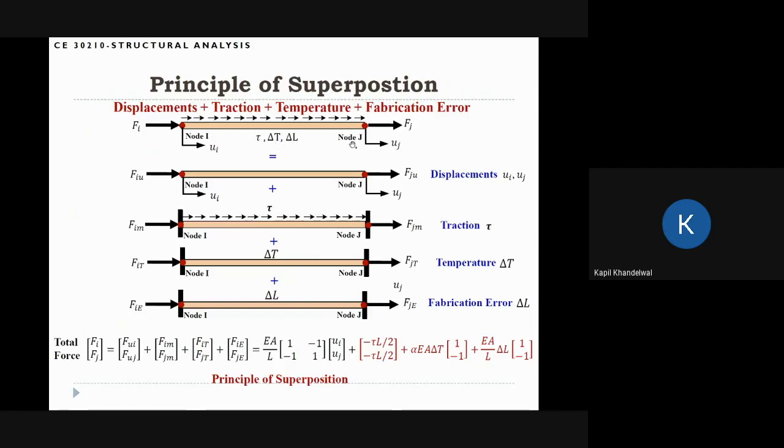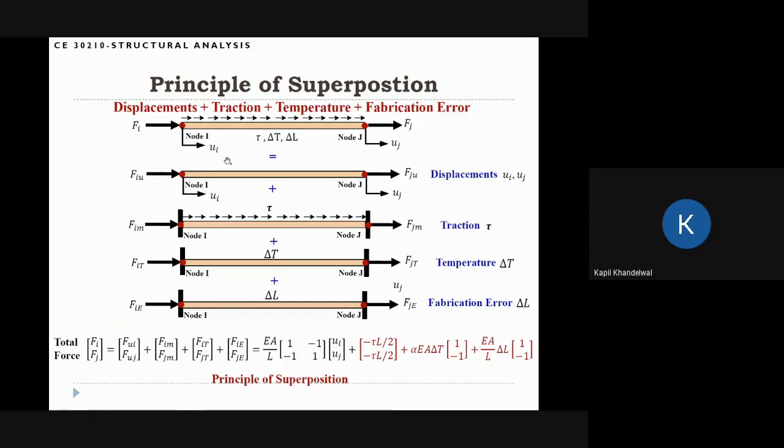By using the idea of superposition, we are going to express these forces as the sum of individual components. So the total force is equal to the force due to displacements plus the force due to traction plus the force due to temperature effects plus the force due to fabrication error. And we add them all together.